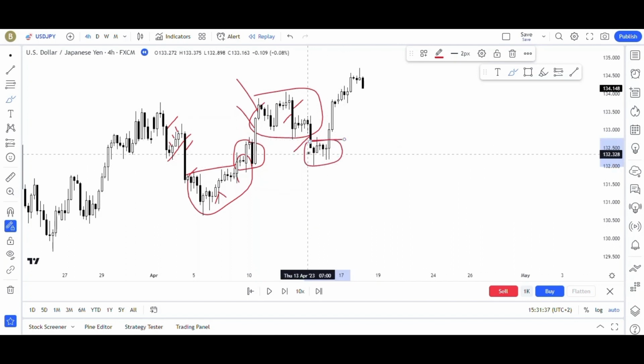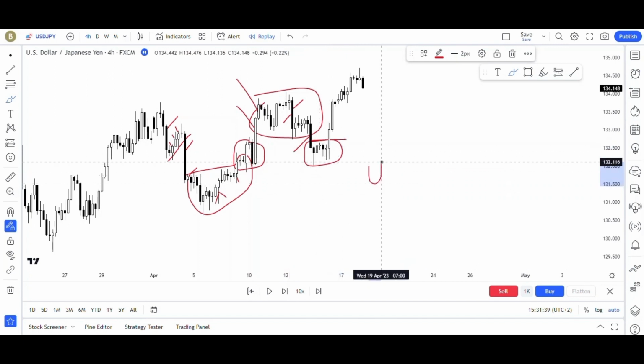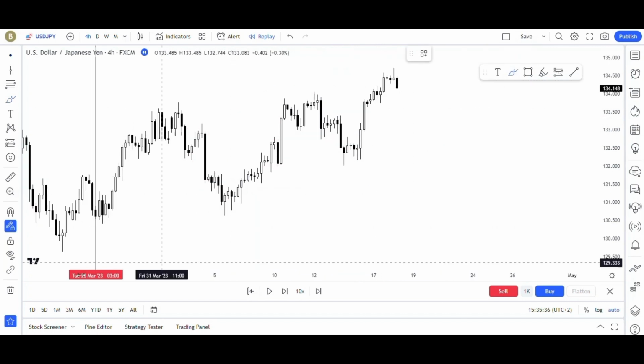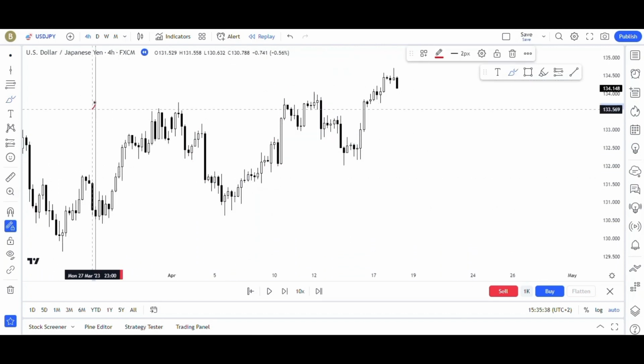An order block consists of small candles like that. So this was an order block, consisting of small candles. I'll talk about it later. So then we have this ERC candle, this ERC candle.